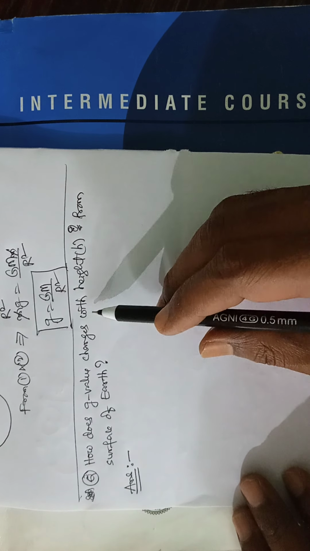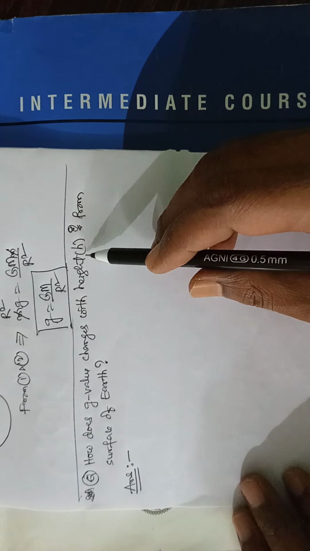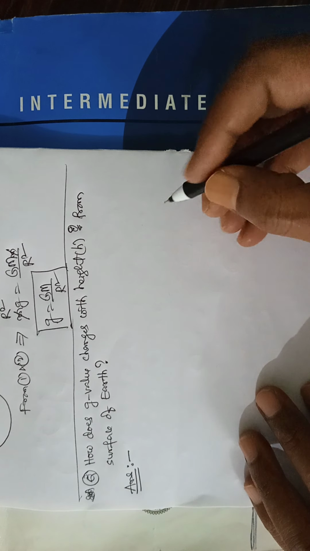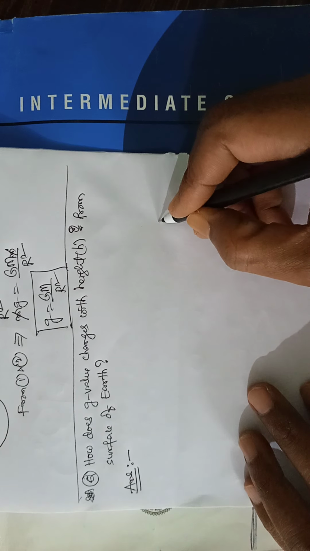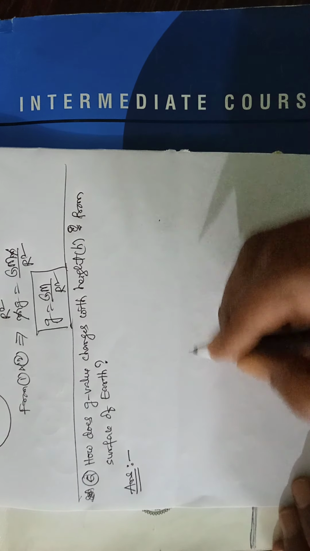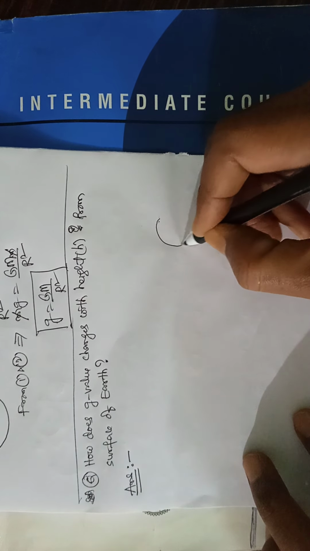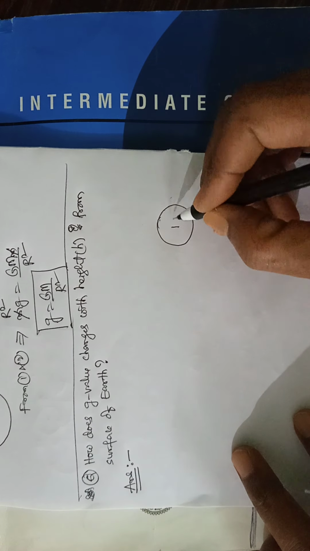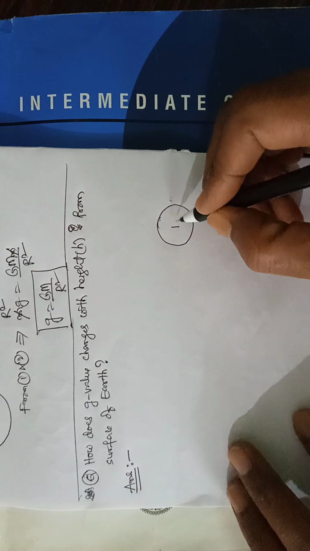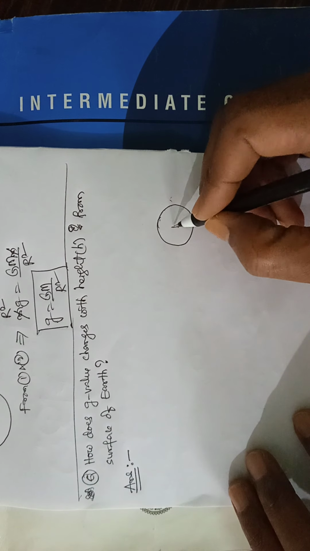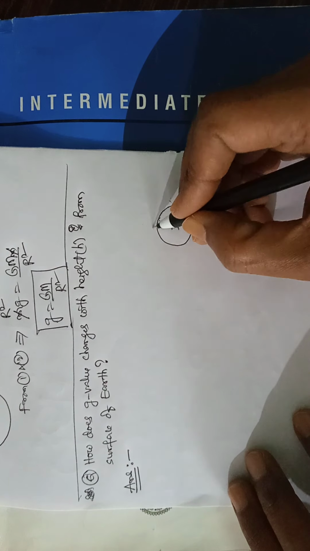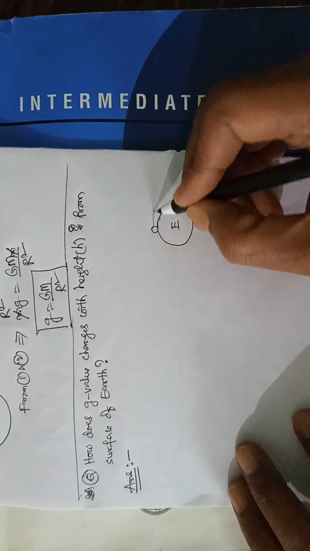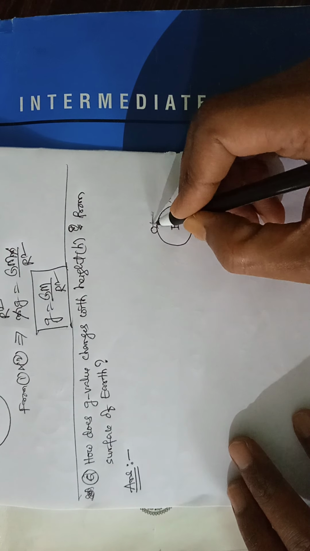How does g value change with height from the surface of Earth? Suppose this is our Earth. On the surface of Earth, let the acceleration due to gravity be g.